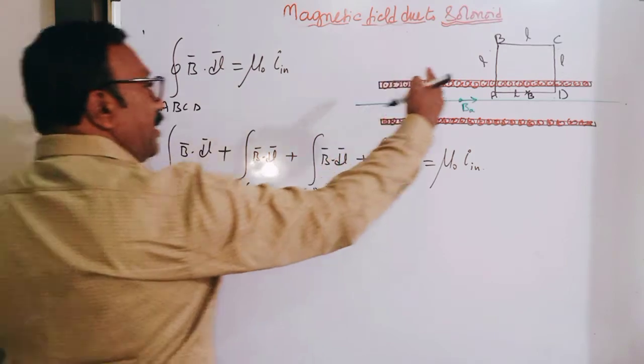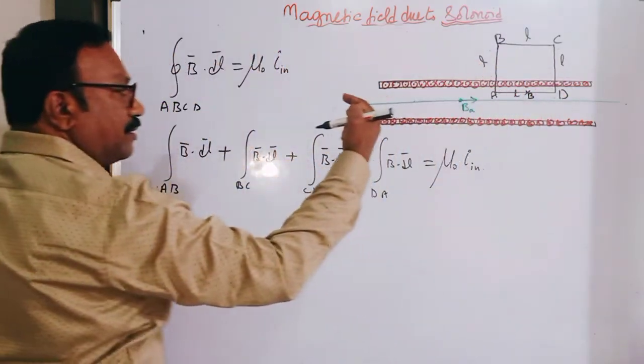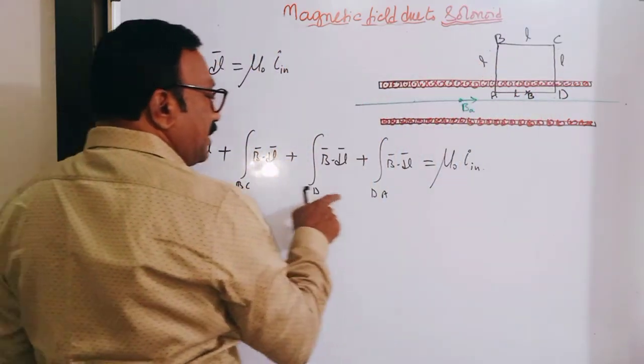So this ABCD is split into AB, BC, CD and DA.